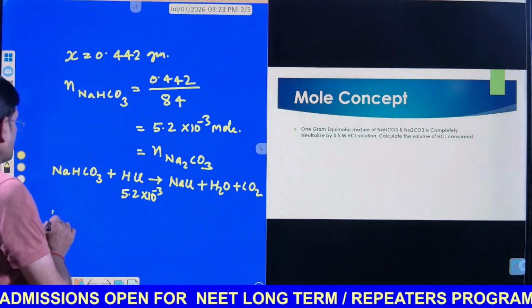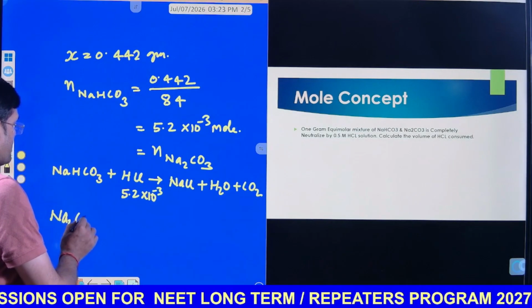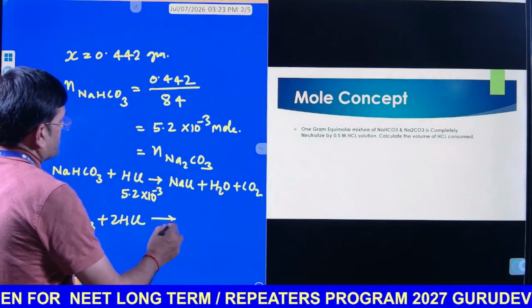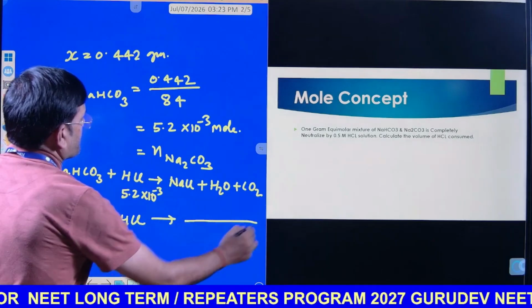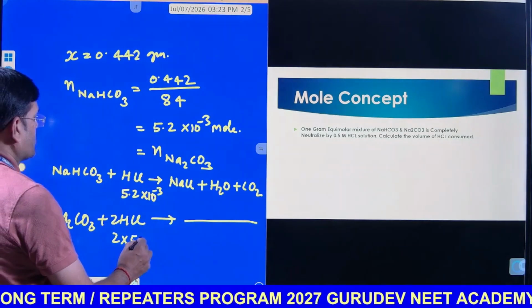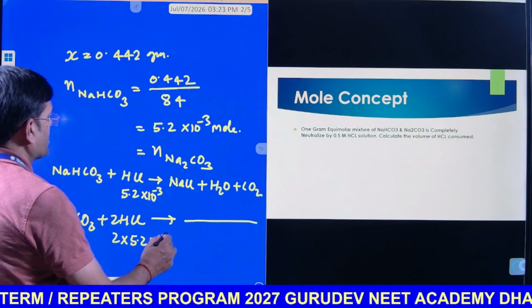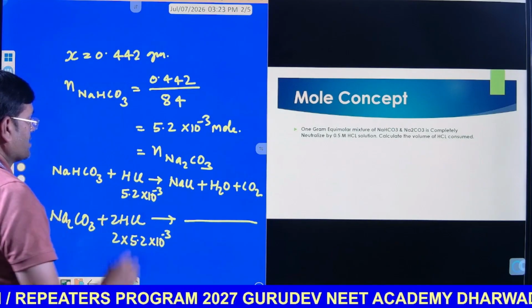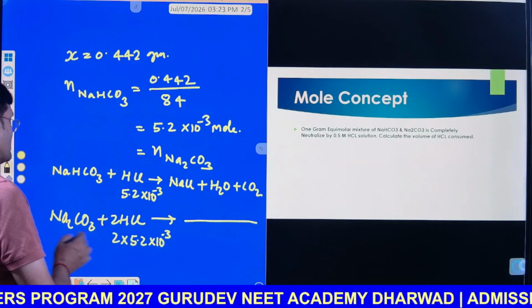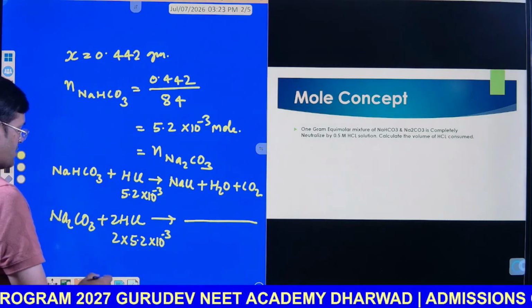Now for the other equation, Na2CO3 plus 2HCl, the products remain the same. Here 2 into 5.2 into 10 to the power minus 3 moles of HCl are consumed, because 1 mole of carbonate takes 2 moles of HCl.